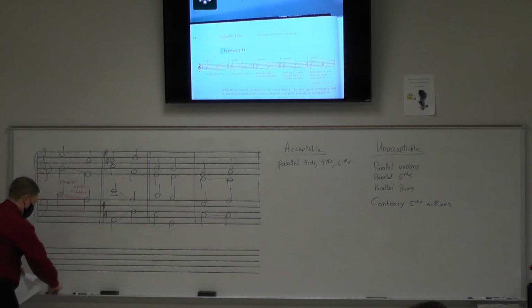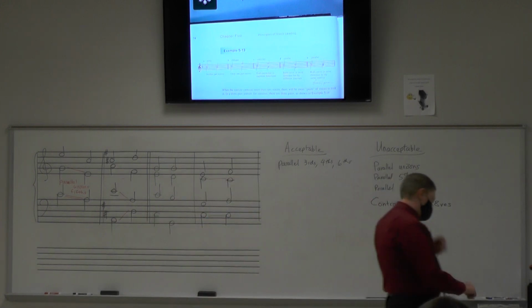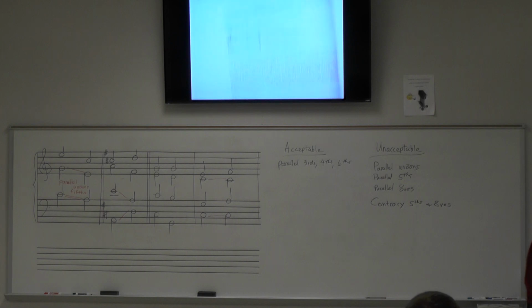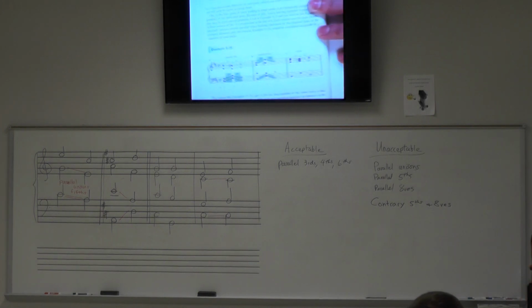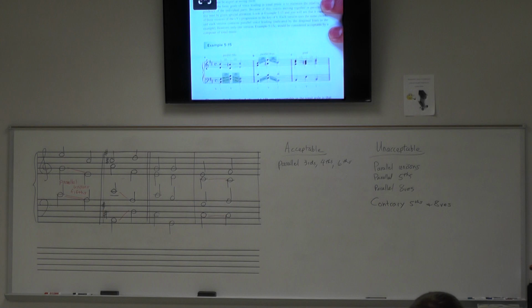Let me see if I can show you some examples out of the book. I'll play them at the piano and see what your ear thinks. Again, our daily 21st century ears accept quite a bit nowadays, but back in this time period, it wasn't very cool to do this kind of thing. All right, so I'm going to look at example 515.